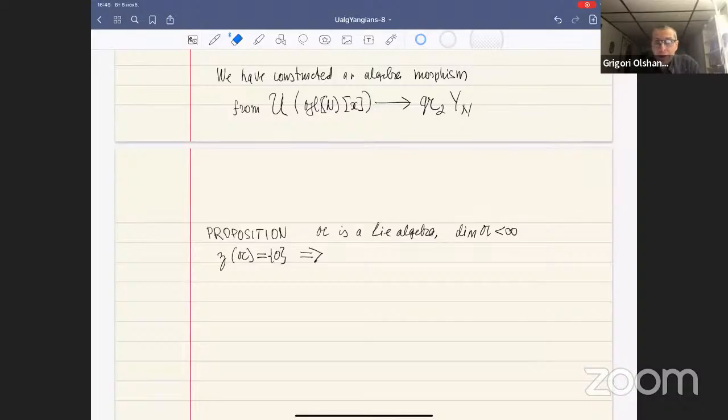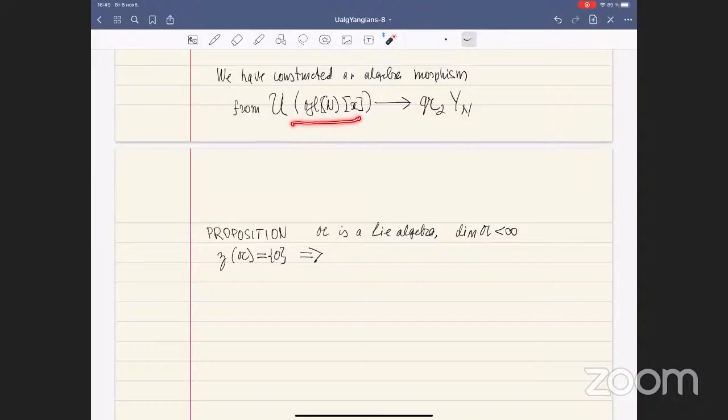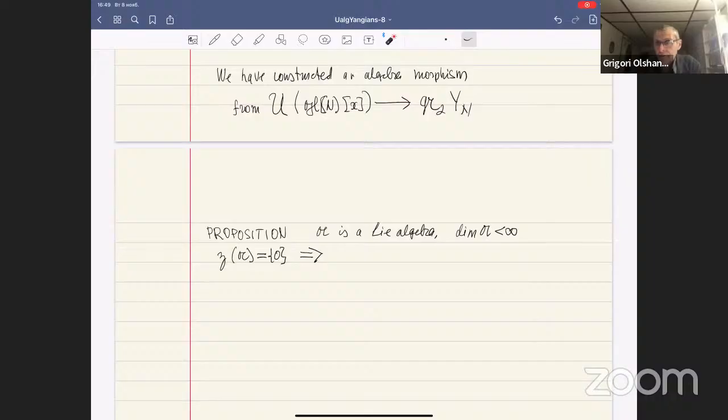And on the left, we also can form similar monomials from the Poincaré-Birkhoff-Witt theorem, this time for the universal enveloping algebra. So the claim follows just from the fact that this map is surjective and the PBW theorem, right? Not only surjective, but the kernel is equal to 0, I think.